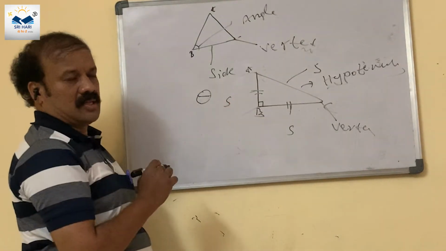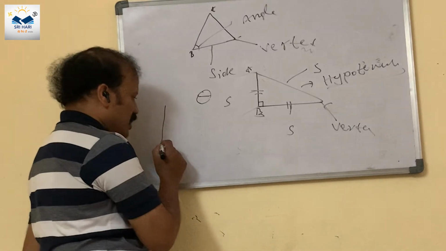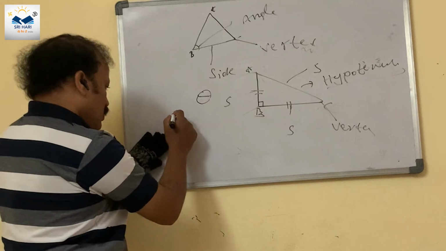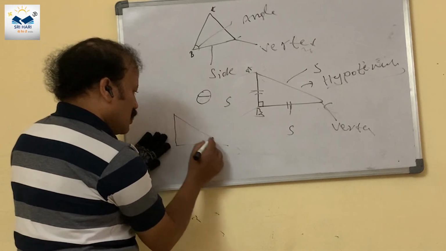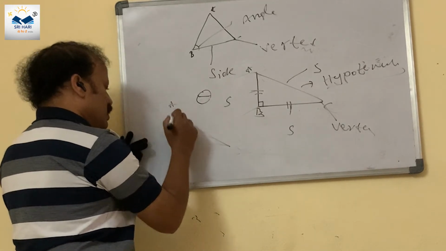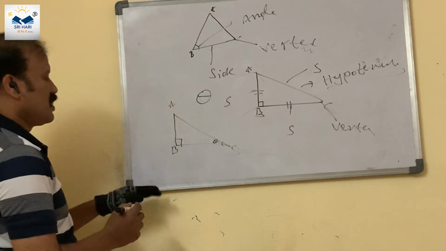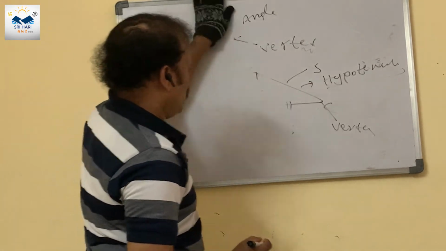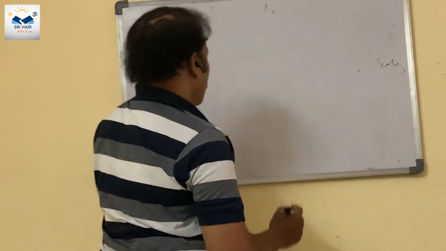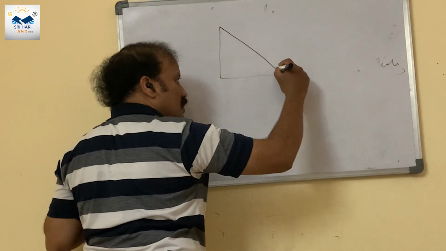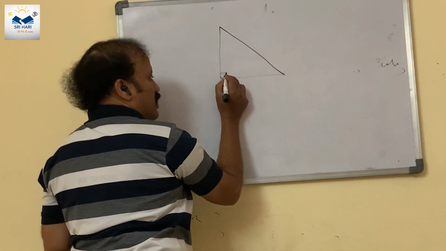This is a right angle. If you draw a right angle triangle like this, it's 90 degrees. A, B, C. If you keep this theta here, then what happens? So in this right angle triangle, this is 90 degrees.